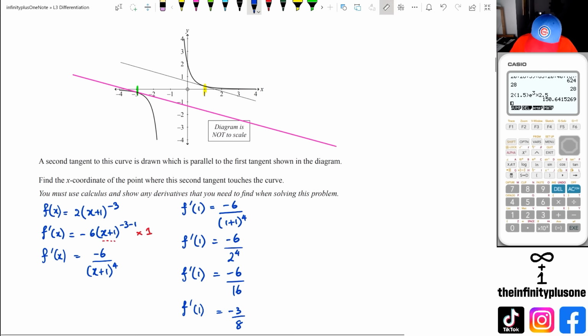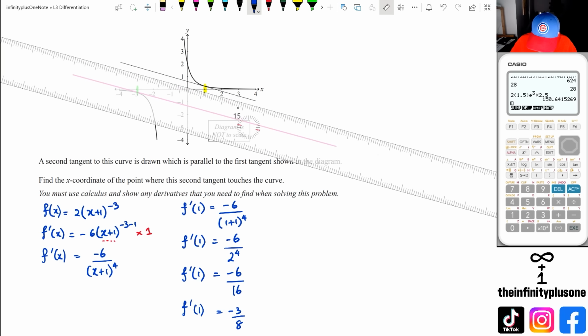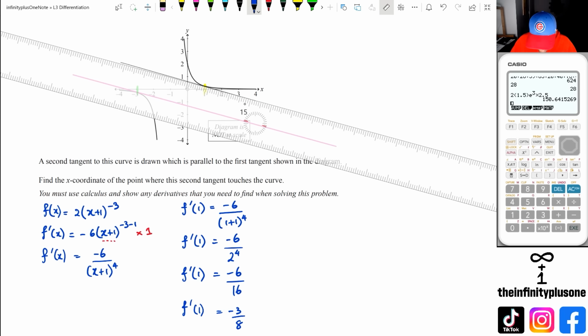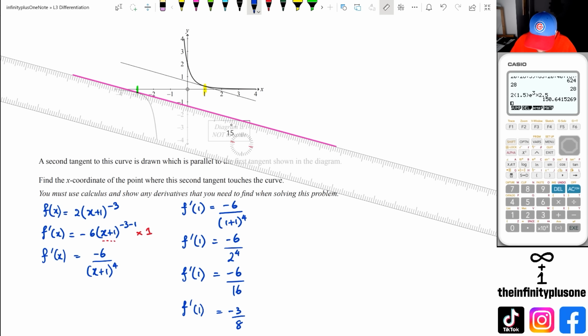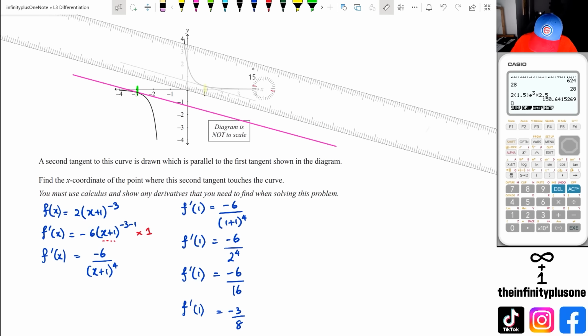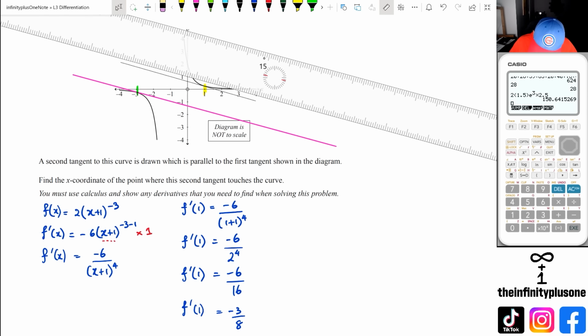Now, if you think about it, the gradient right now is minus 3 over 8, which means the pink line's gradient, because it's parallel, has to be the same gradient, the same slope. So we want to figure out what the x value is when the gradient is equal to negative 3 over 8. But we have the gradient function.